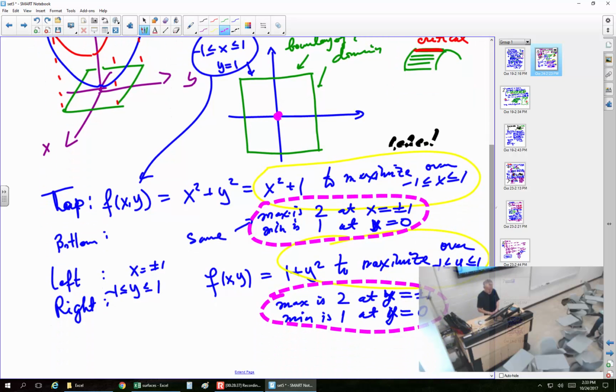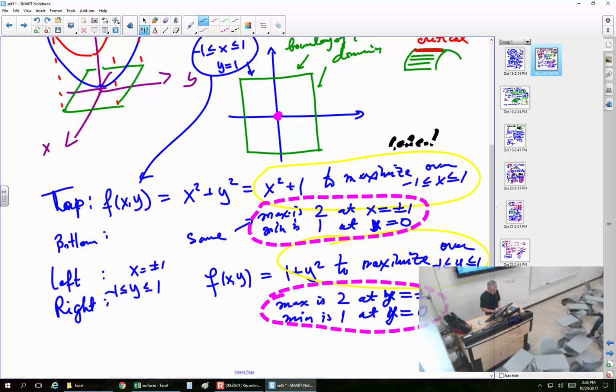As you can see, the maximum points are the same: y equal plus or minus 1, x equal plus or minus 1. They're the corners of my square.